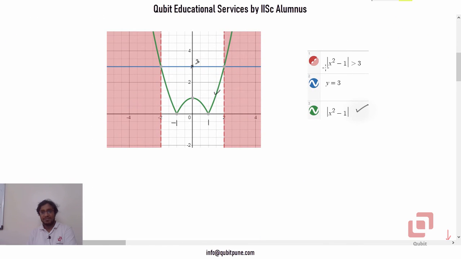So this is the region that has been highlighted in the red color. Don't worry about the red thing, I just want you to focus on this. You notice that on the x-axis, if you are to the right of 2 or to the left of negative 2, the value of the function is always greater than 3.